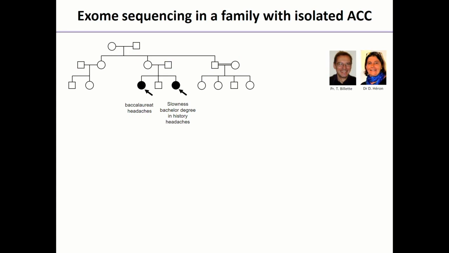It was a family that both wished to live a normal life. They had mild learning difficulties when they were children. So the problem is this woman here, she is a bit slow when performing a task, but still she holds a bachelor degree in history.